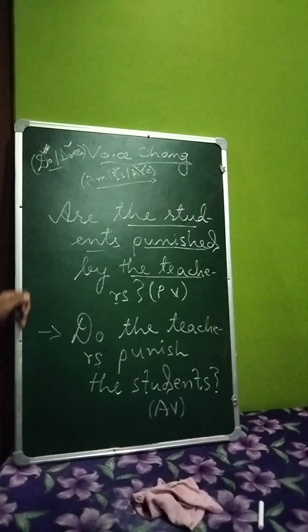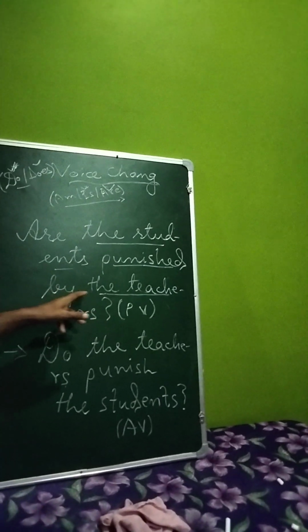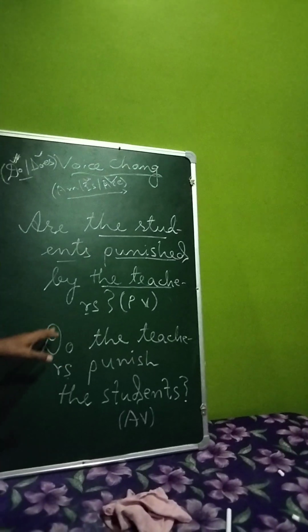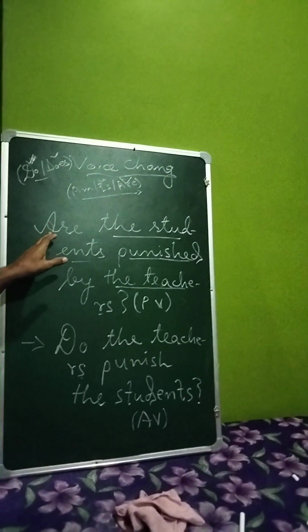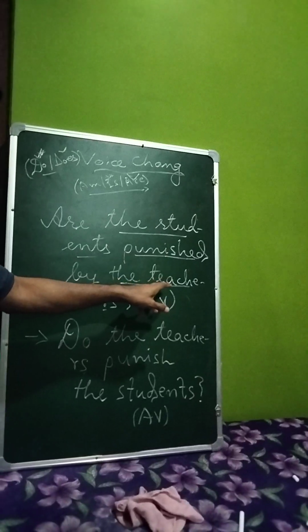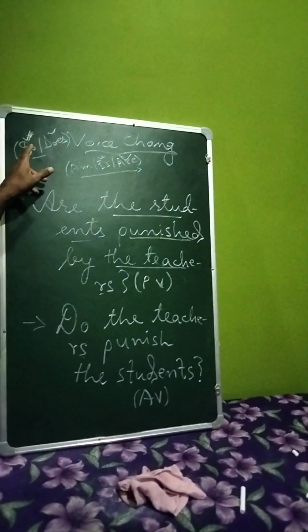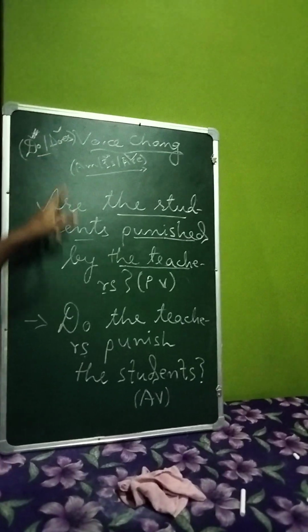So here you are watching again. Are the students punished by the teachers? It is passive voice. In passive voice am, is, are will be used, and in active voice do or does, according to the number and person of the subject. If the number is plural then do will be used, and if the number is singular does will be used.